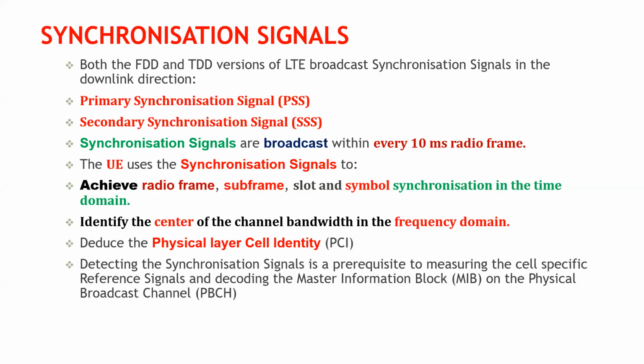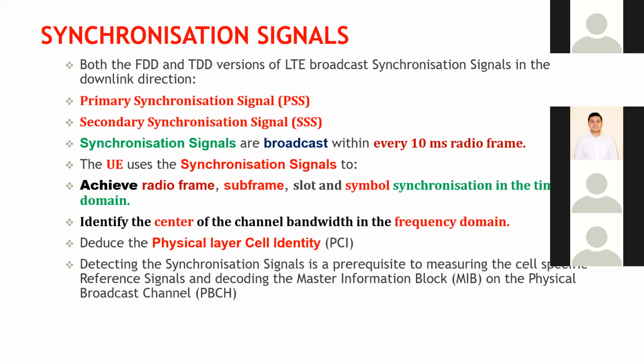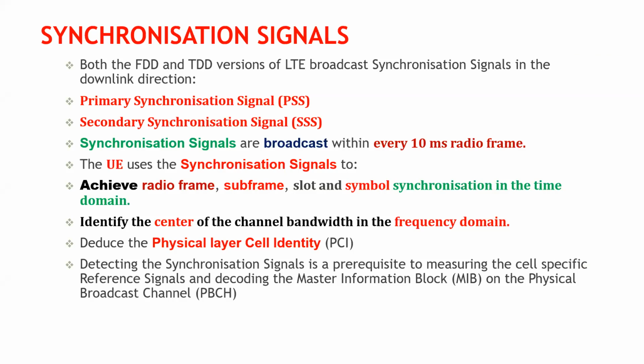Both the FDD and TDD versions of LTE broadcast the synchronization signals in the downlink direction. Those synchronization signals are the primary synchronization signal and the secondary synchronization signal. They are broadcast within every 10 millisecond radio frame, as one radio frame is of duration 10 milliseconds.